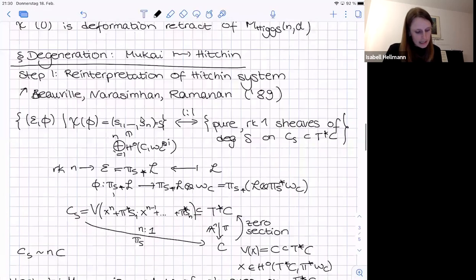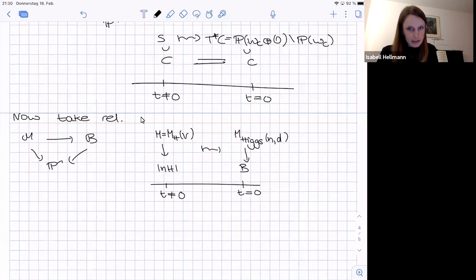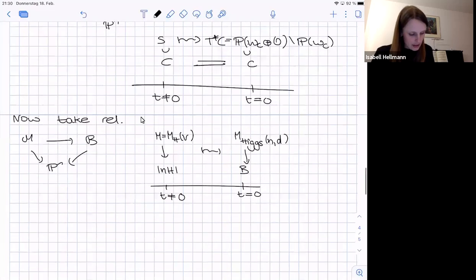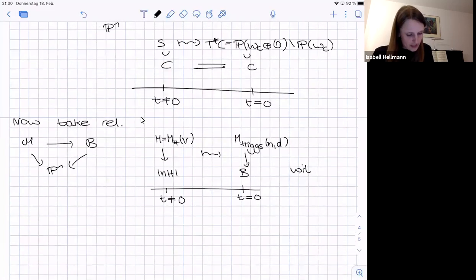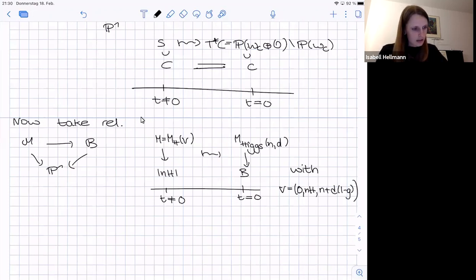All right. Where here, so now I need to take V as 0 and H. And now if I fix N and D on the Hitchin side, here I have Euler characteristic N plus D times 1 minus G. No, sorry. Oops.